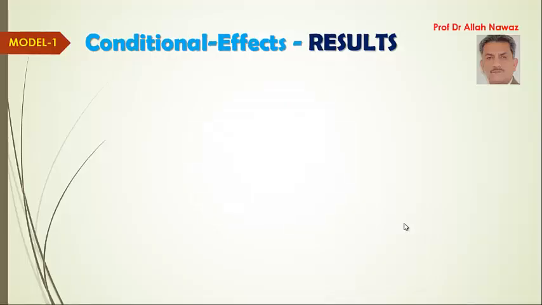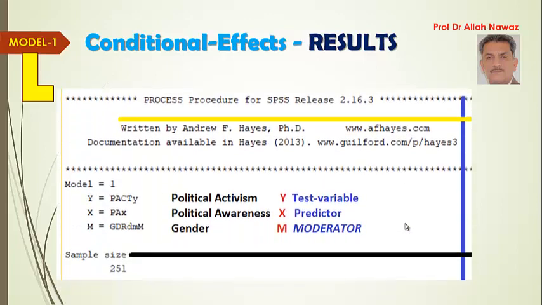The first output from the process model is, as usual, the descriptive information about the research variables we have inserted into the process model.